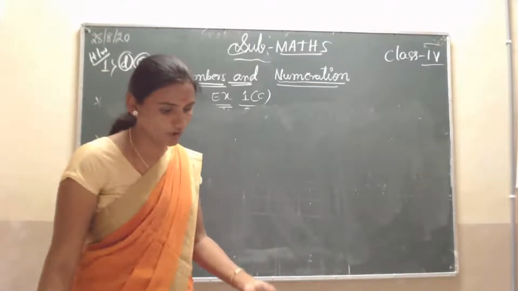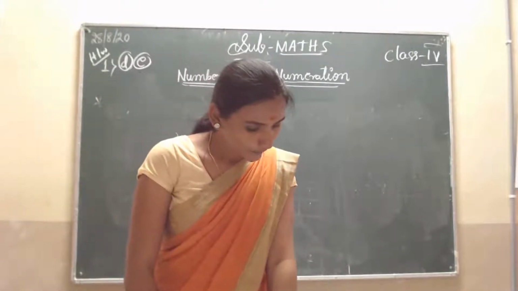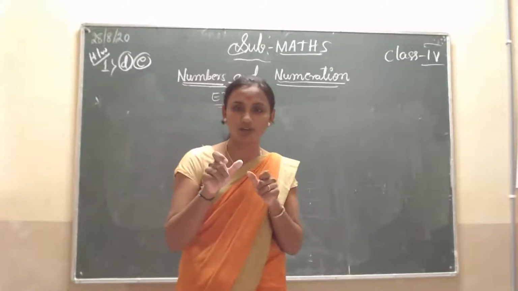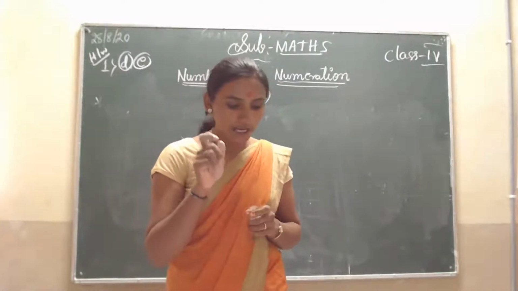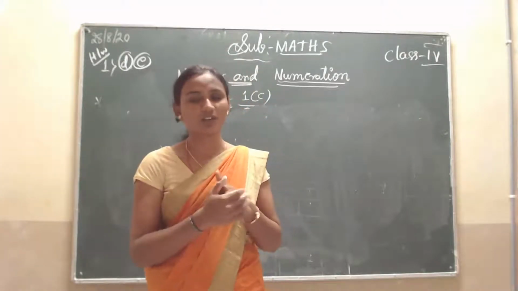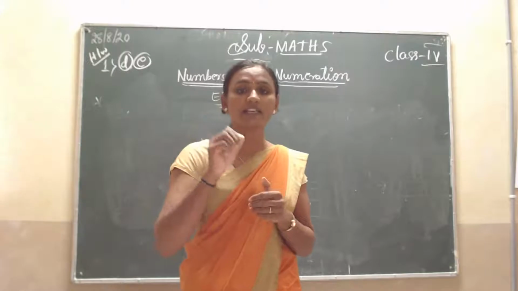How is it given here? In the blanks, the first one is A. Fill up the box: dash tens is equal to 1,000. Yes, students, 1,000 means how many tens?